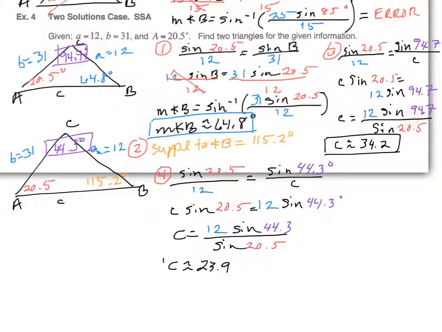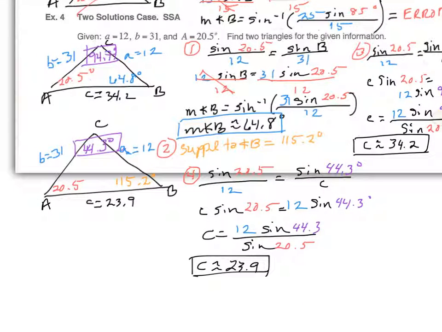So let's check for reasonableness. So let's put these up here. So 23.9, and then on the other one, this was 34.2. So if I check for reasonableness, our smallest angle, is that our smallest side?